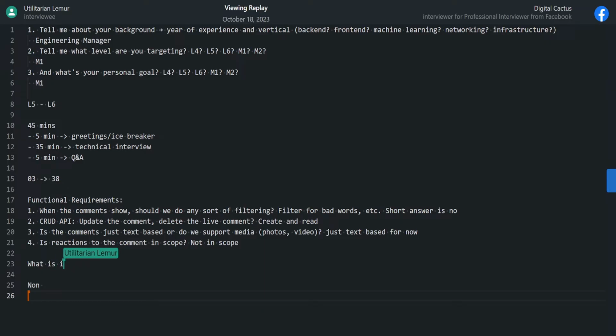Yes. So what I've understood to be in scope is creating and reading comments. Second one is support for text-based comments.